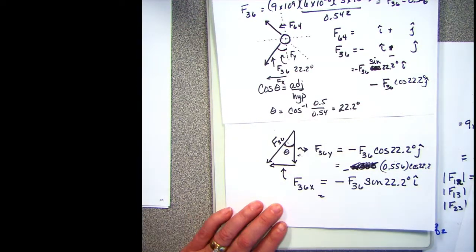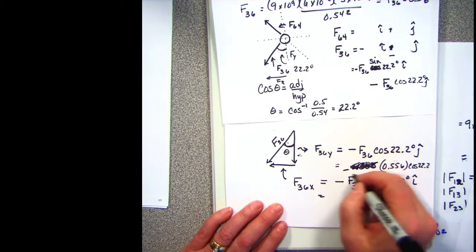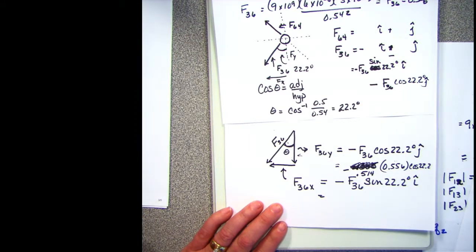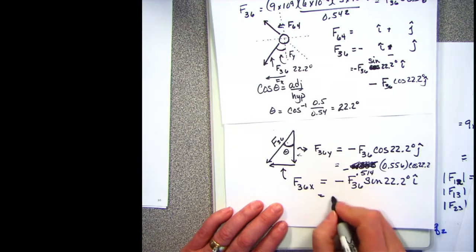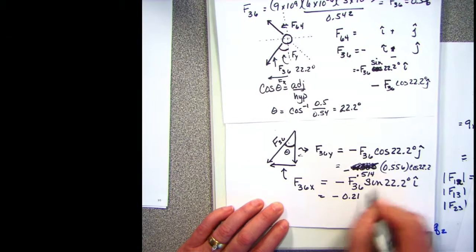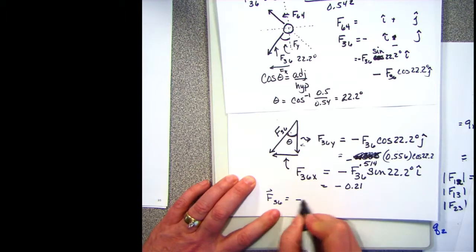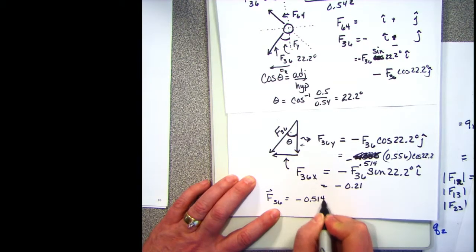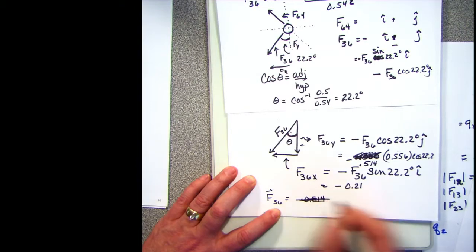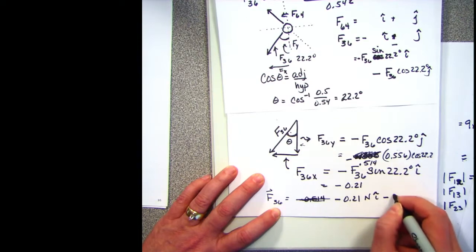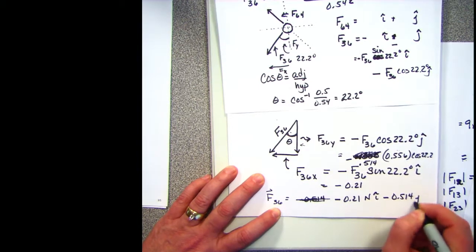That's a negative. 0.556 cosine 22.2 becomes minus 0.514. 0.556 times sine 22.2 gives a minus 0.21. So my vector F36 looks like minus 0.21 newtons in the I direction, minus 0.514 in the J direction.